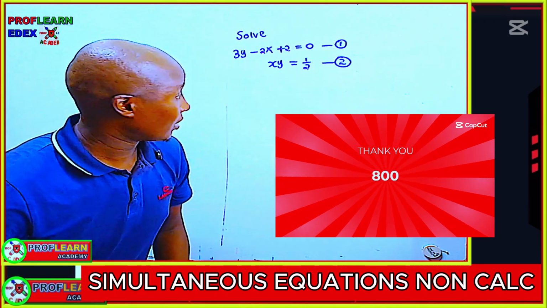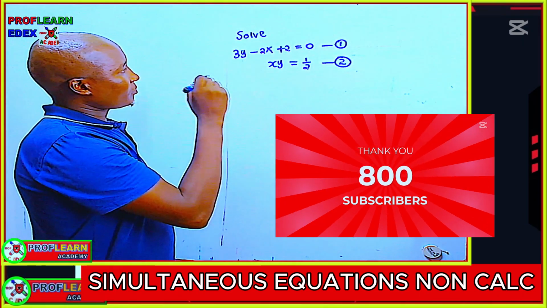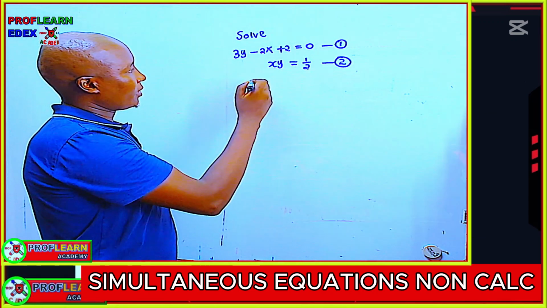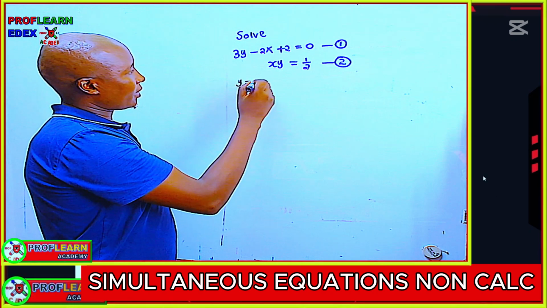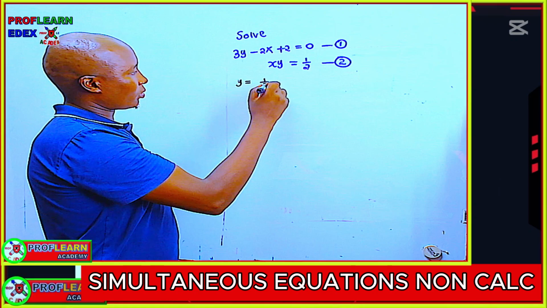Now, let's start this question. Remember, you are told that these are two equations. So from this particular equation here, we can say y is basically equal to 1 over 2x.